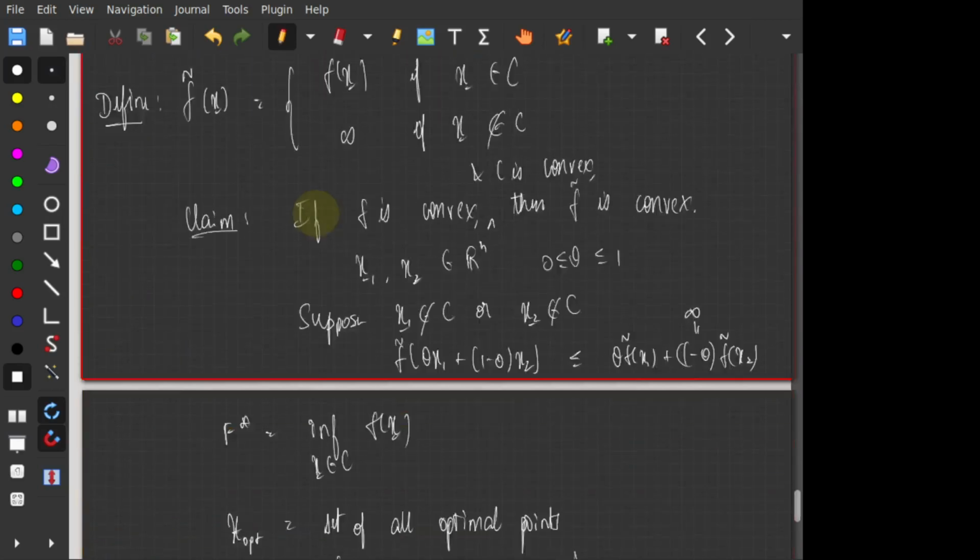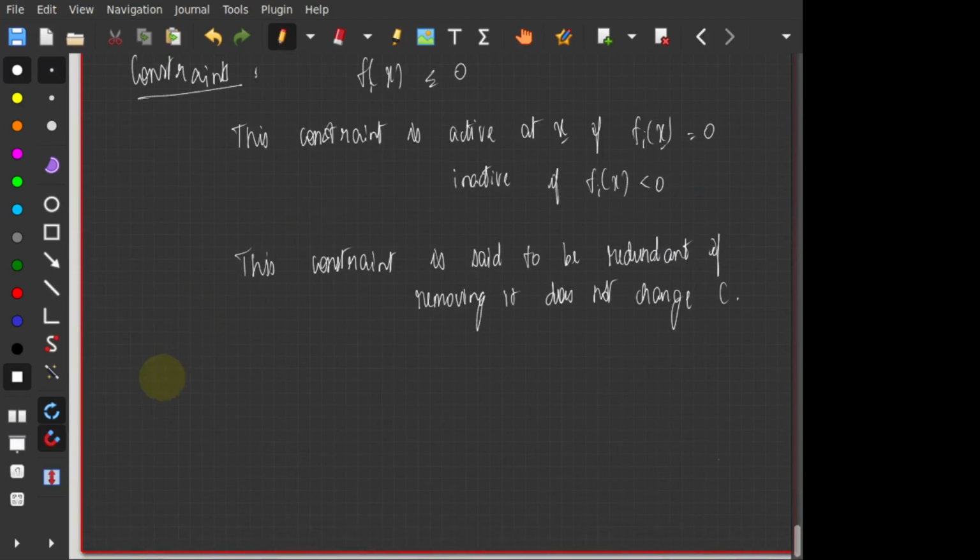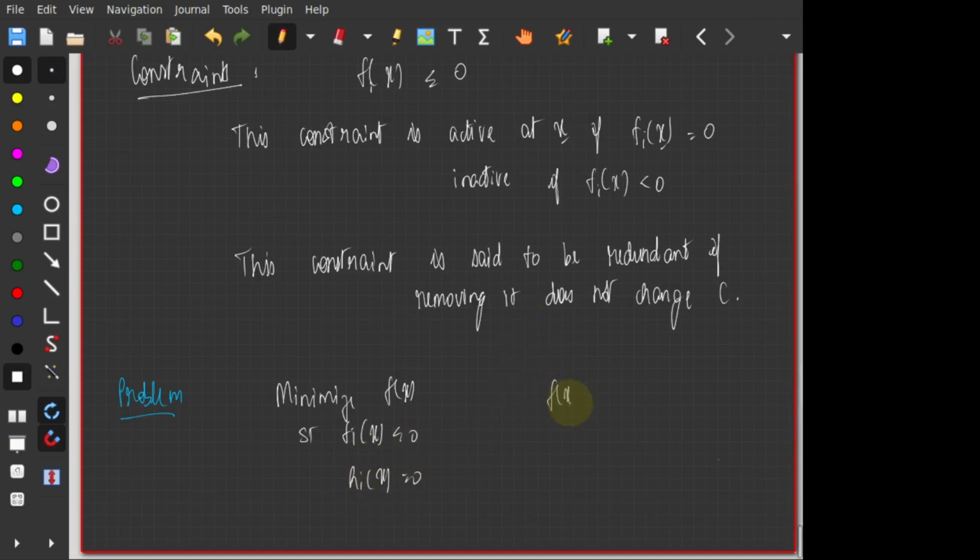Okay, so I define a problem. We are given a set of constraints, so minimize f of x subject to, again, fi of x less than or equal to 0, hi of x equal to 0, with f of x equal to 0 for all x.